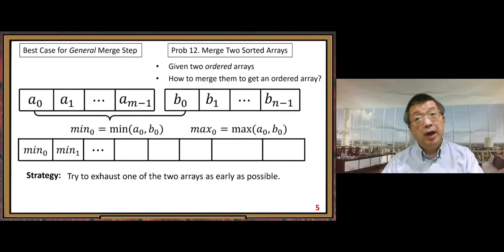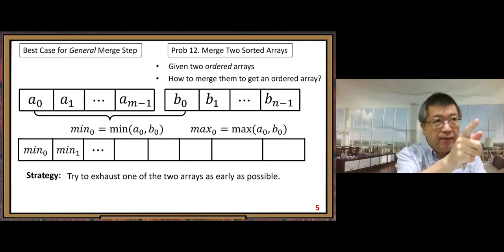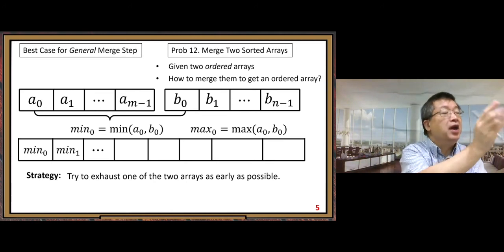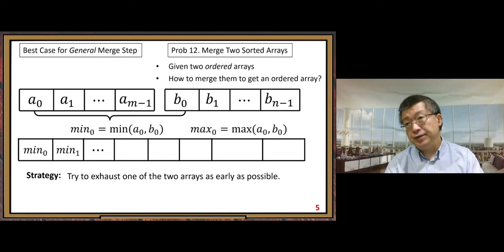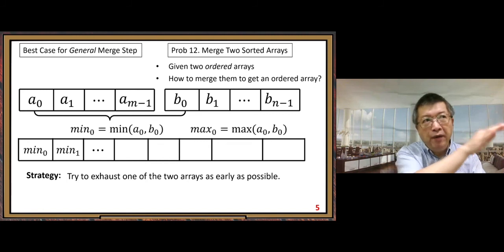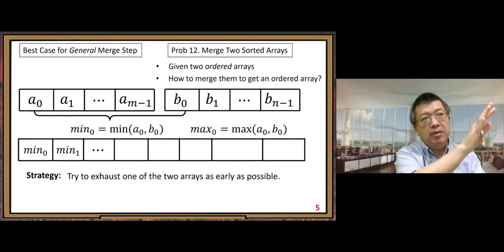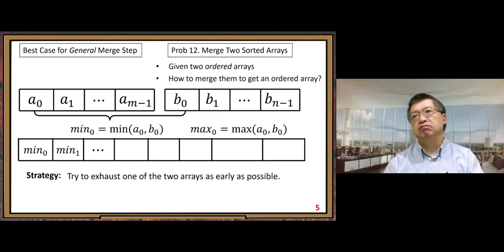That's easy. The smallest element in one subarray is greater than the largest element in the other subarray. How about that? The smallest element in one subarray can beat all the other elements in the other subarray.